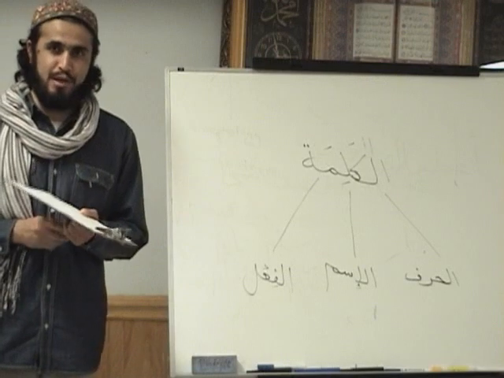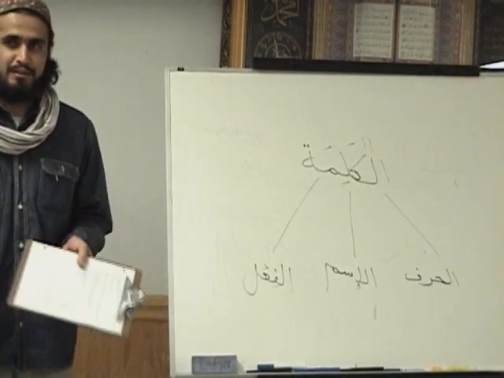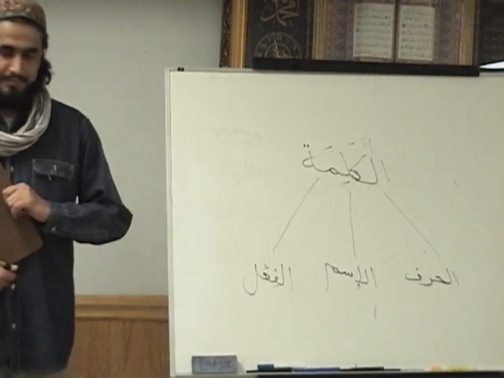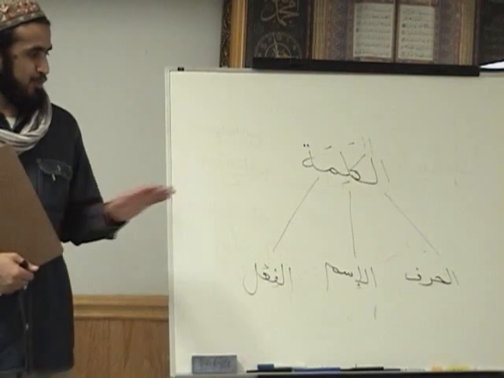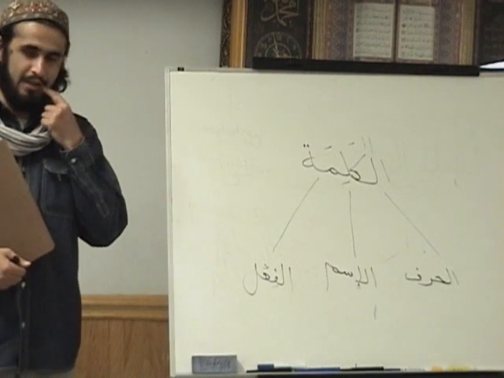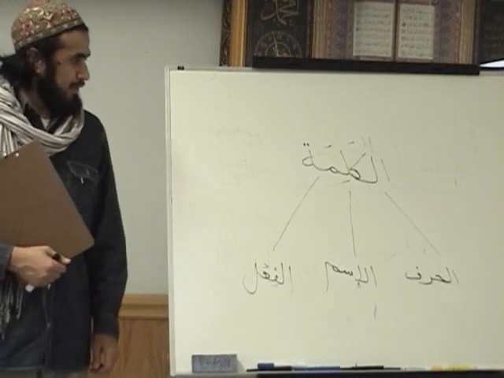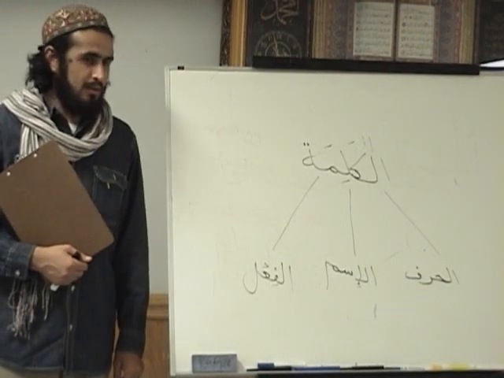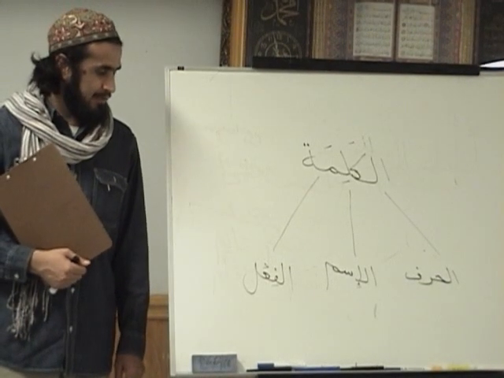We don't have noun, pronoun, adjective, adverb, and so on. But then each one, of course, has its subcategories. The main categories of al-kalima, a word, are al-harf, al-ism, and al-fi'l.